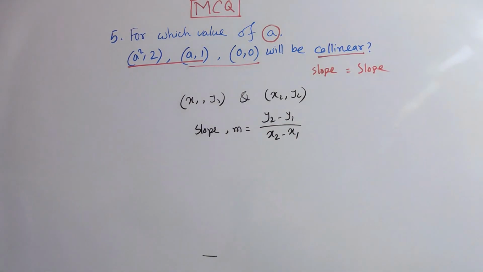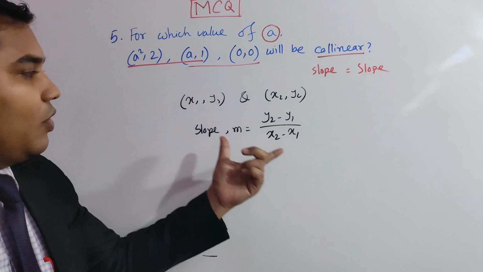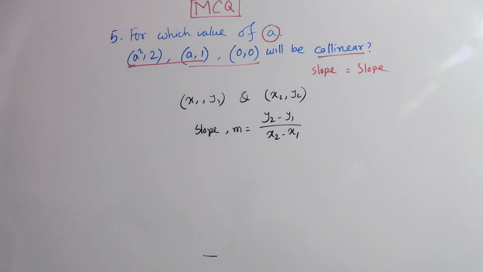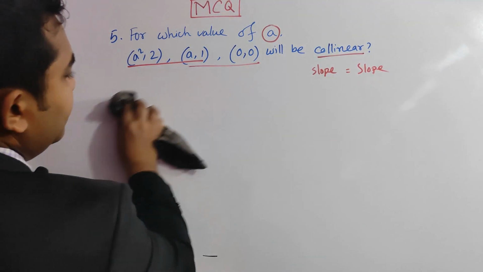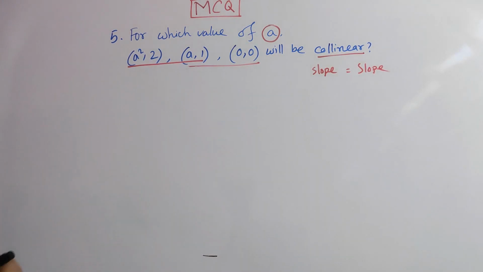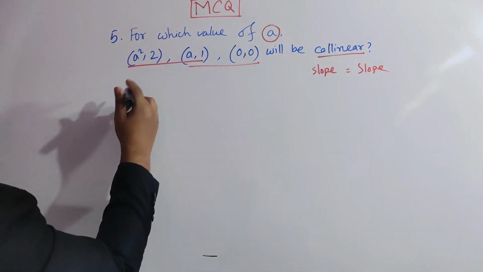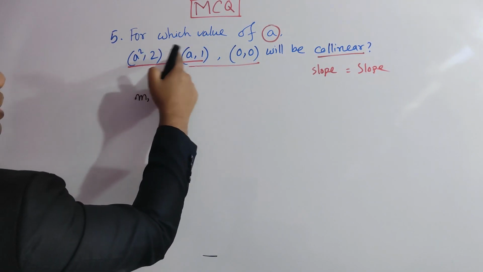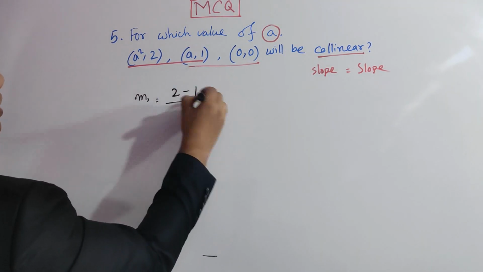This is the formula to find the slope of 2 points. From here we'll focus on finding the slope of these 3 points. Okay, now first of all, the slope of these 2 points should be slope 1, so it should be m1 equals y1 minus y2 over x1 minus x2.